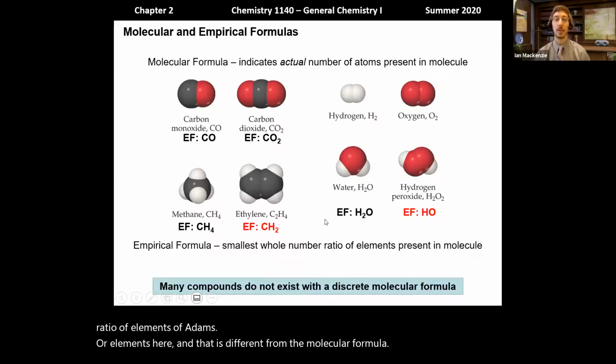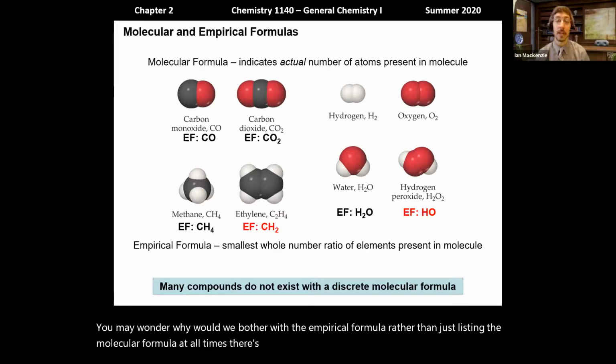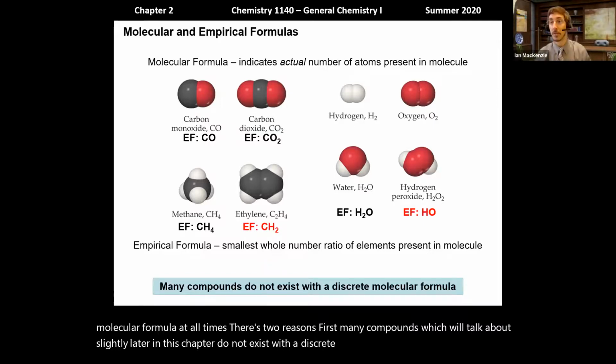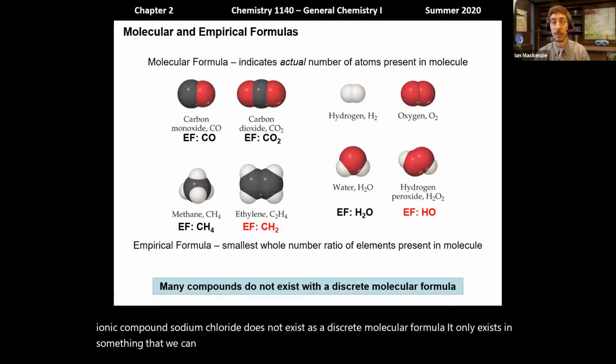Now you may wonder, why would we bother with the empirical formula rather than just listing the molecular formula at all times? There's 2 reasons. First, many compounds, which we'll talk about slightly later in this chapter, do not exist with a discrete molecular formula. Table salt, for example, ionic compound, sodium chloride, does not exist as a discrete molecular formula. It only exists in something that we can describe with an empirical formula.